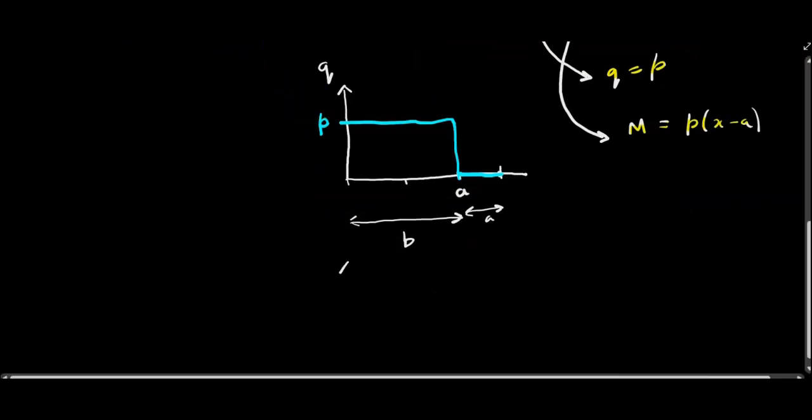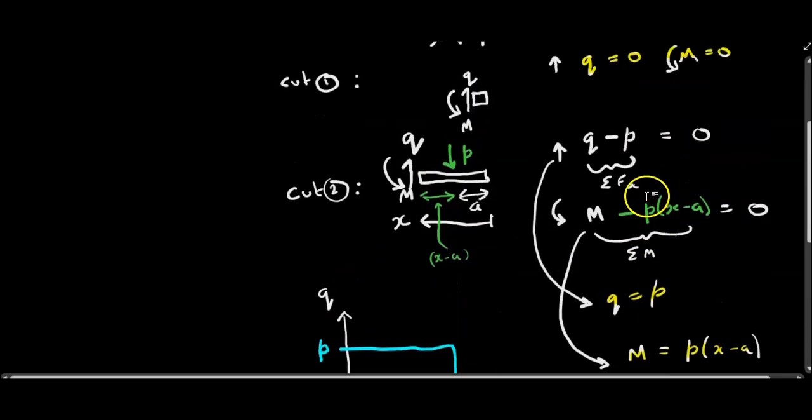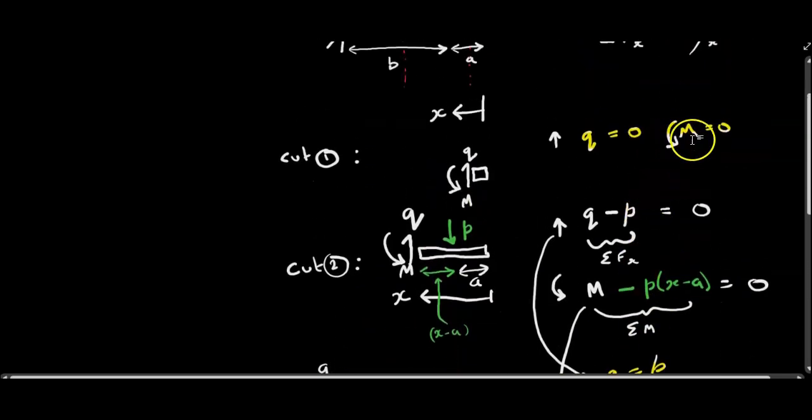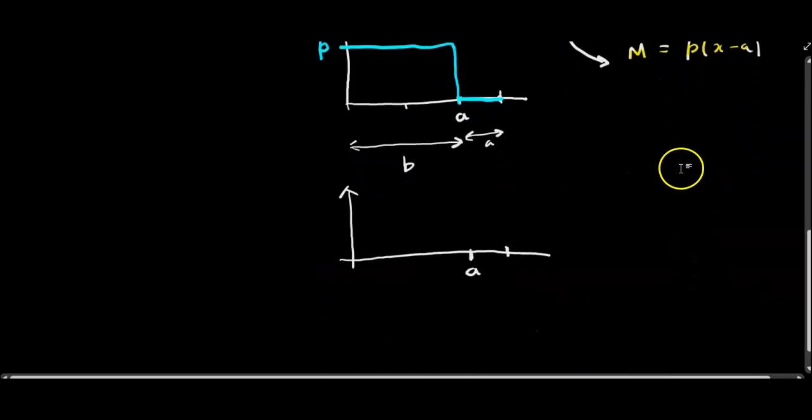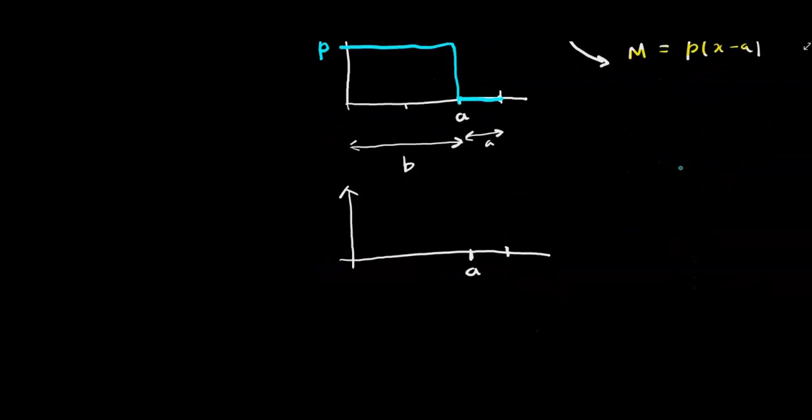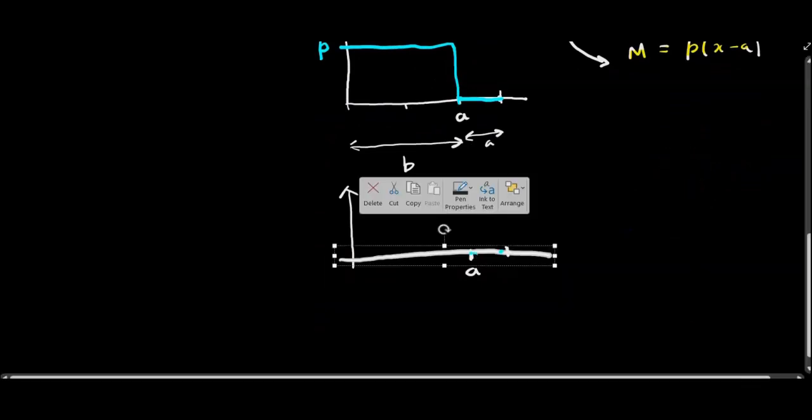Let's sketch the axes here. So we've got A there. We know that the bending moment was 0 at the first section of the beam, so same again, we've got 0 bending moment.